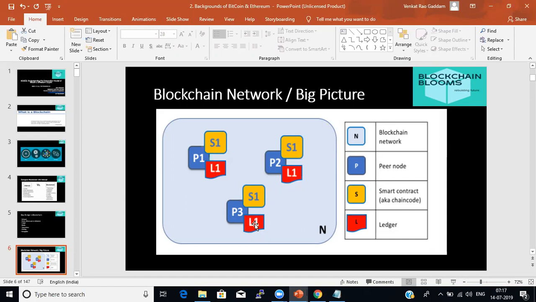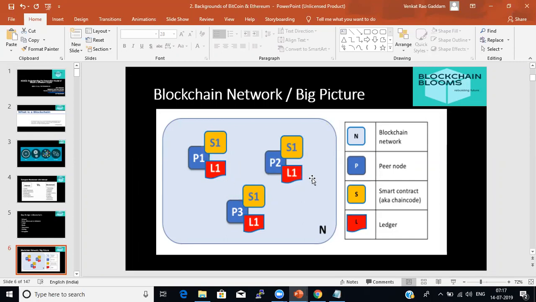Suppose any new record, any new block is added into this ledger from P1. Immediately that block should be validated by someone, and I will explain that validation process. If the newly added block is really genuine data, it will be added as the 6th block in the blockchain, and it will be broadcasted to the other nodes in the network, like P2 and P3.